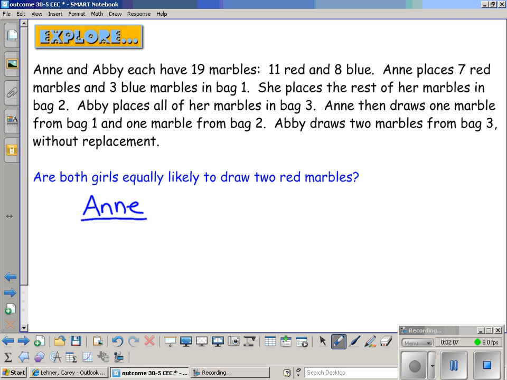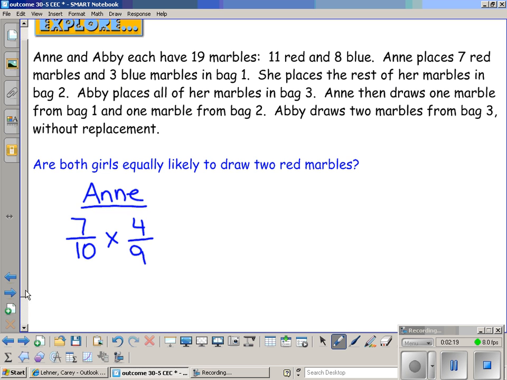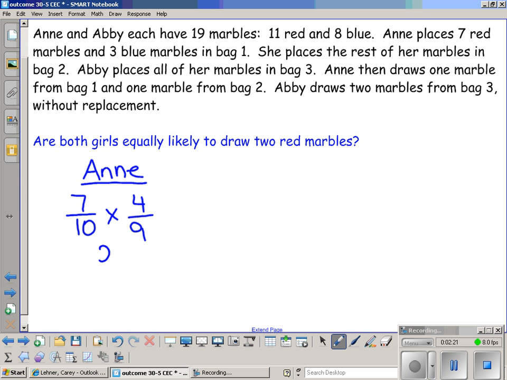So first of all, in that first bag, she has 7 red marbles, and there are 10 marbles in the bag. In her second bag, there are 4 red marbles, and there are only 9 marbles in the bag. So when we calculate this probability, we get 28 out of 90, or we can write it as 0.3111, or 31%. So she has about a 31% chance of drawing 2 red marbles.